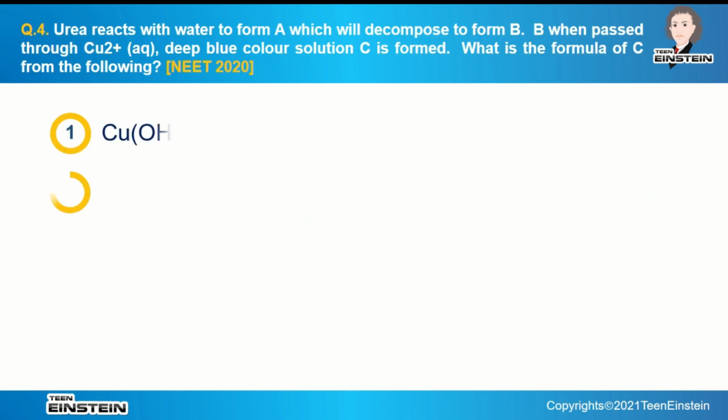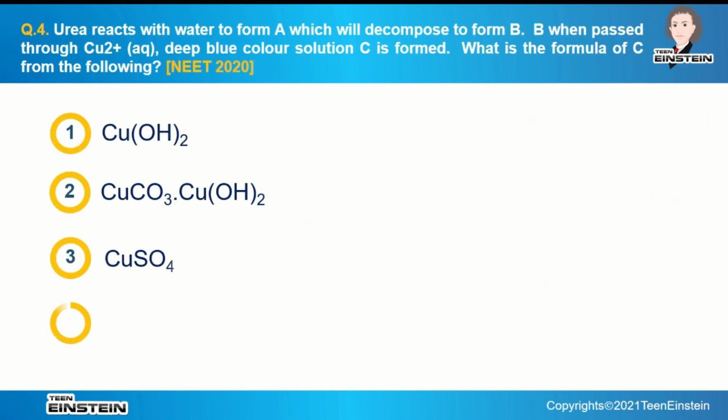Next, move on to the fourth question. Urea reacts with water to form A, which will decompose to form B. B, when passed through copper 2 plus aqueous solution, a deep blue color solution, C, is formed. What is the formula of C?